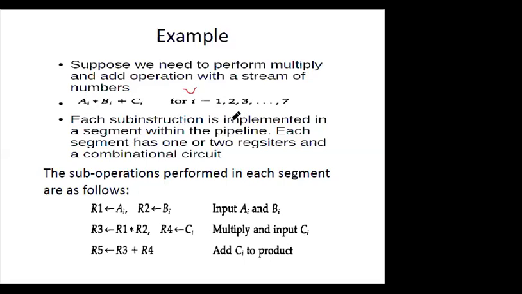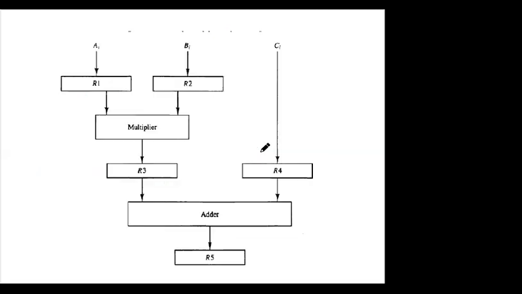Each sub instruction is implemented in a segment within the pipeline. Now, how is the pipeline implemented? It has two registers in combination with the operator. This can be shown in the figure, as we have three numbers A, B, and C, and two register sets.